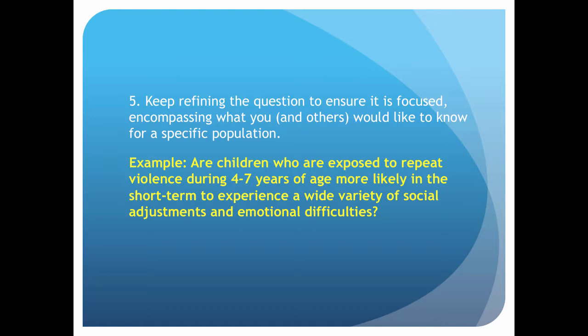Now you're going to right away say, well, social adjustments and emotional difficulties. When you look in the literature, they are interchangeable for the most part. Okay, so it's not like drug use and drug abuse. It's social adjustments and emotional difficulties. They externalize the behaviors. Okay, but you'd be just as correct taking one of those out.